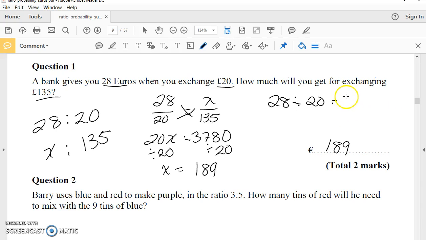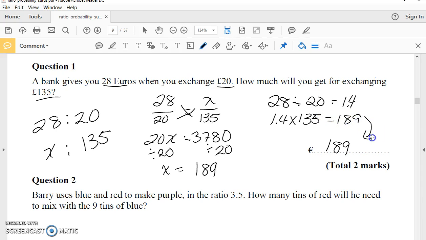Which gives me 1.4. Okay, and that tells me how many euros I get per pound. Then I can do 1.4 times 135. And I get the same answer of 189.